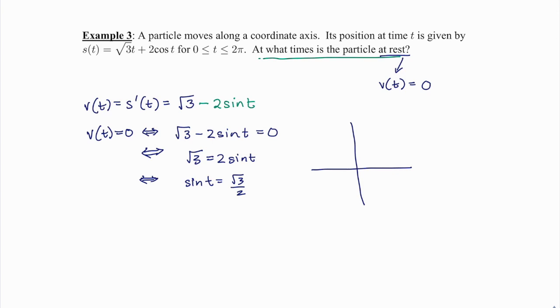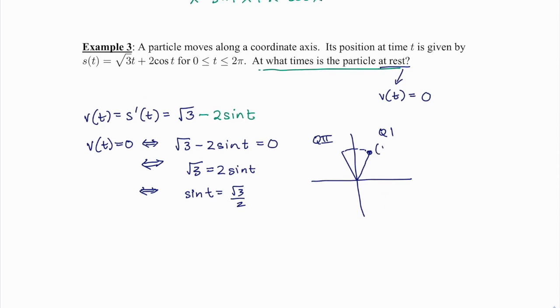Sine is the y-coordinate of the point on the unit circle. So quadrant 1 and quadrant 2 would be the quadrants for a positive sine value. And if the sine value is square root of 3 over 2, remember that's the angle of our familiar angles that's closer to the y-axis. So that's going to be pi over 3 in quadrant 1 and 2 pi over 3 in quadrant 2.